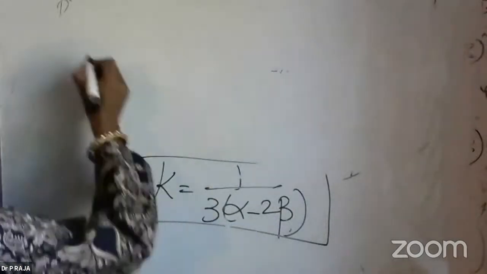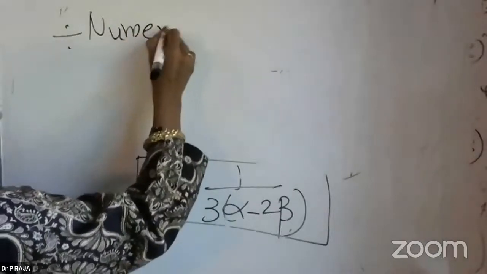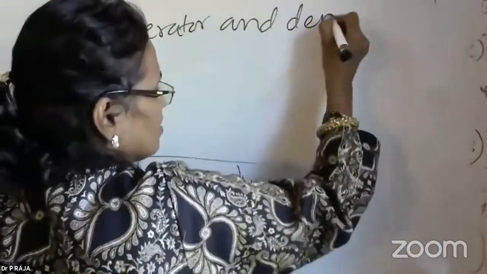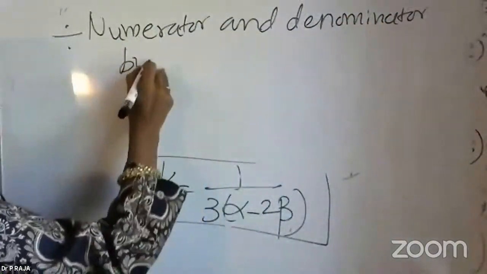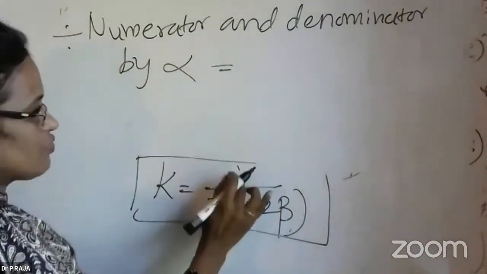Divide the numerator and the denominator by alpha, on both the sides. So what will happen to this equation?